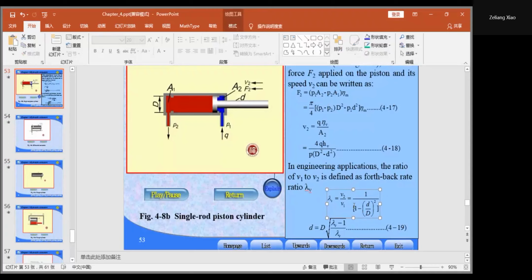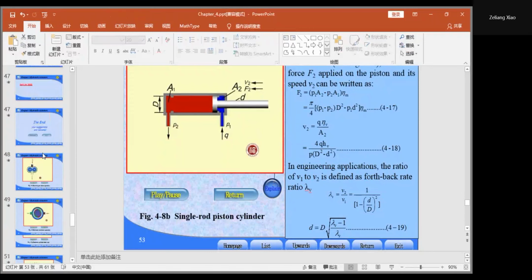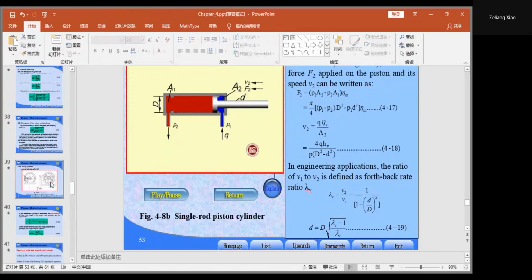If we define the ratio of V1 to V2 and the weight, you can calculate the pressure and the speed.